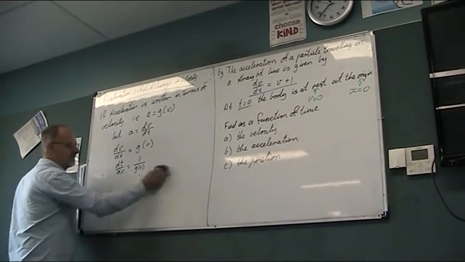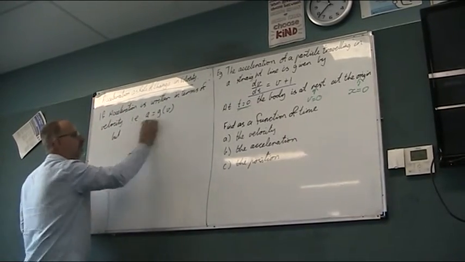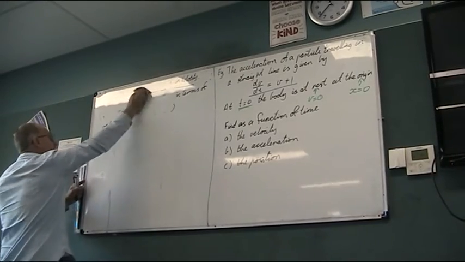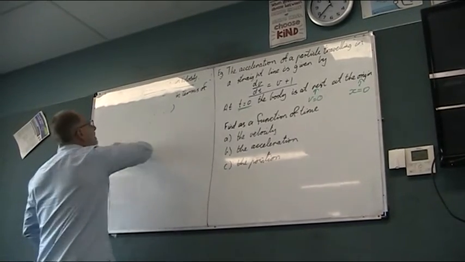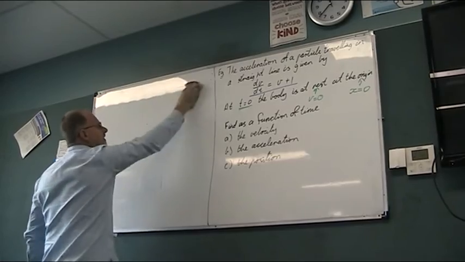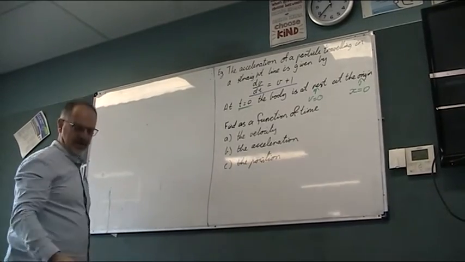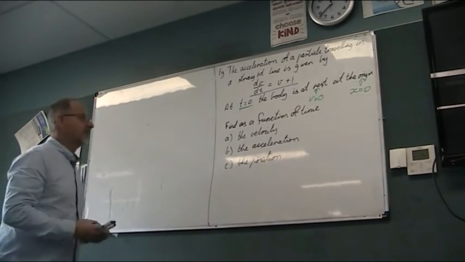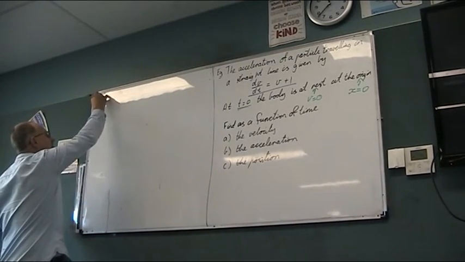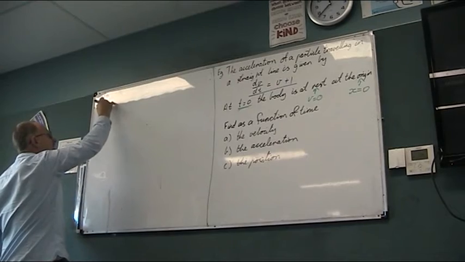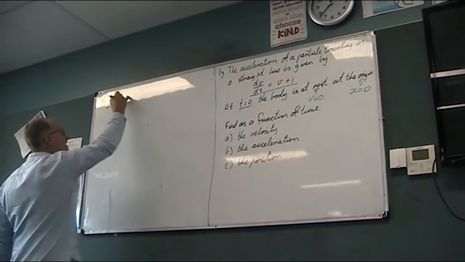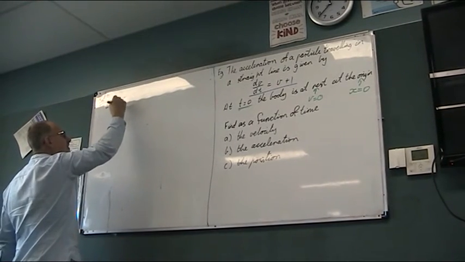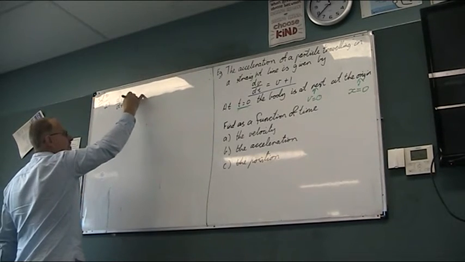So the first one is to find the velocity as a function of time. And so for A, we have dv/dt equals v plus 1.